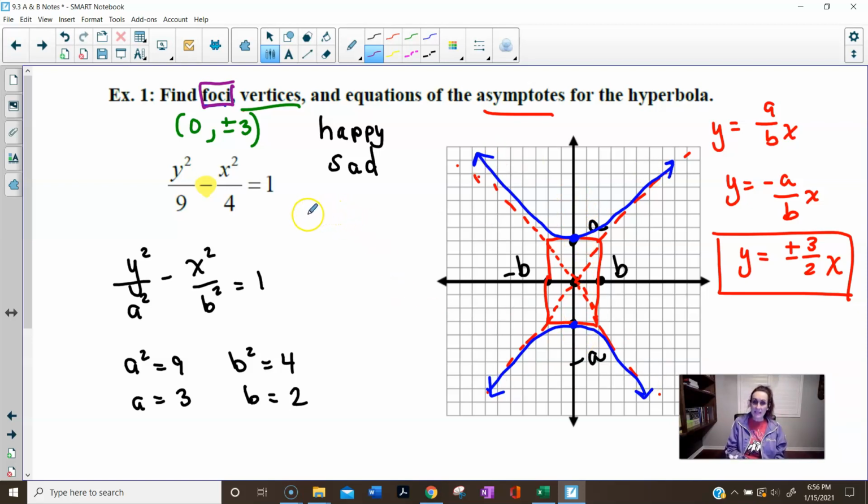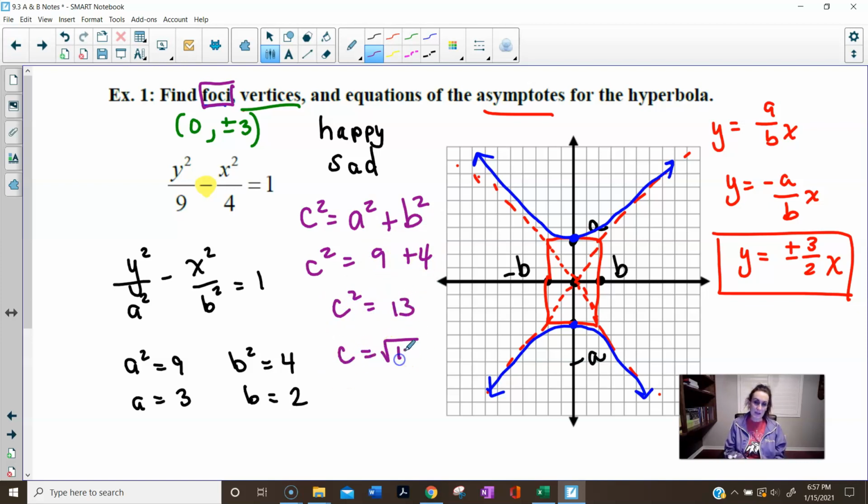So the formula is c squared equals a squared, unlike the ellipse, plus b squared. Now we're going to go ahead and just plug in a squared, b squared. So c squared equals 9 plus 4. C squared equals 13. So c is equal to the square root of 13.